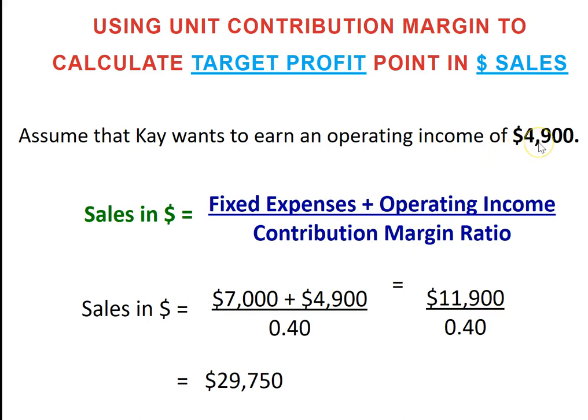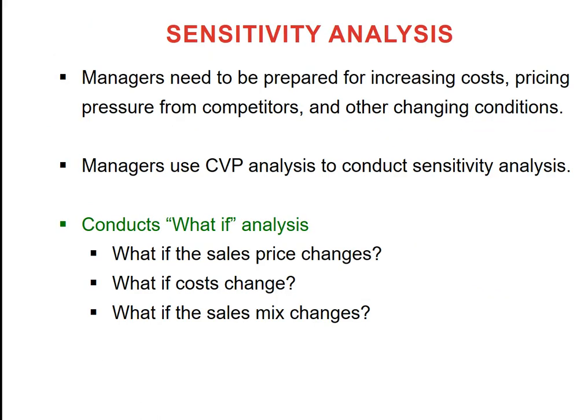Our target operating income is 4,900, fixed expense is 7,000, so we will use as our numerator 7,000 plus 4,900, and then divide it by contribution margin ratio, and this will give you the sales amount, which is 29,750. That means if the company's sales is 29,750, the company will earn an operating income of 4,900. Now we will see some sensitivity analysis.